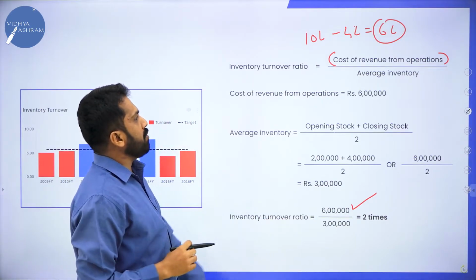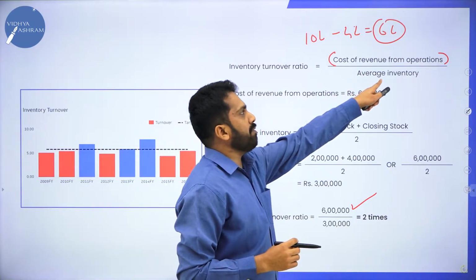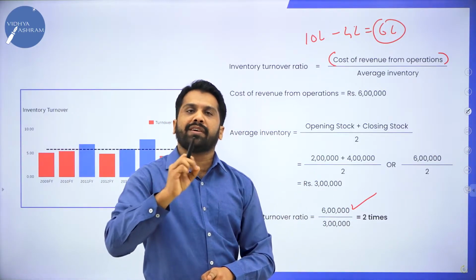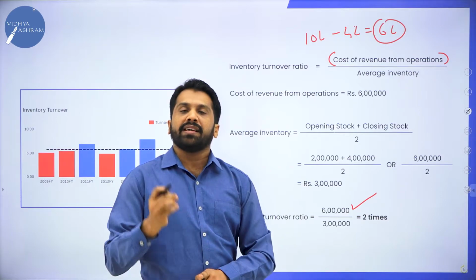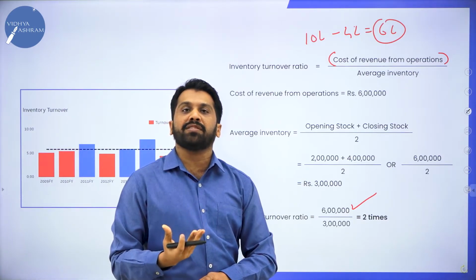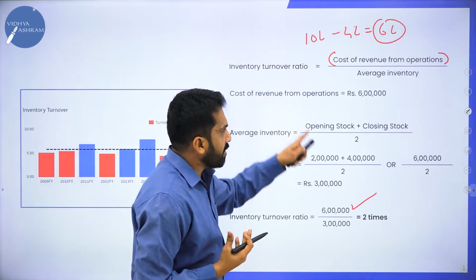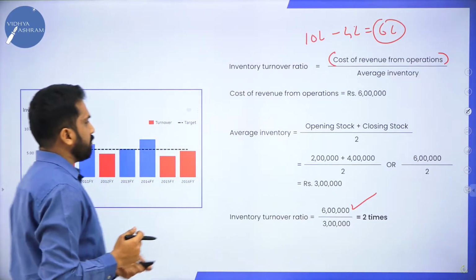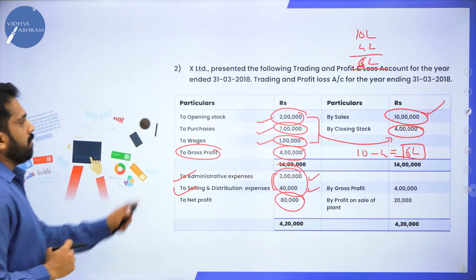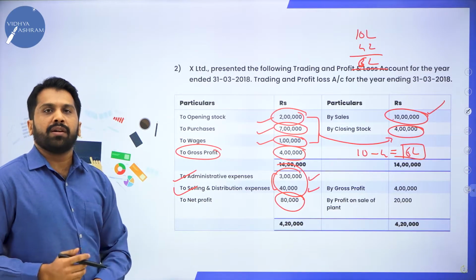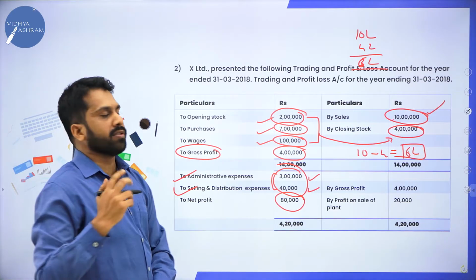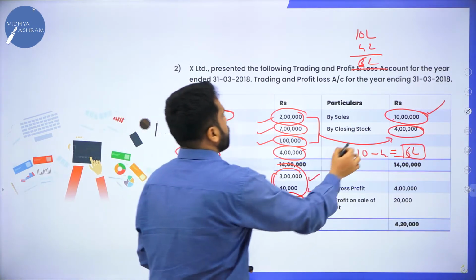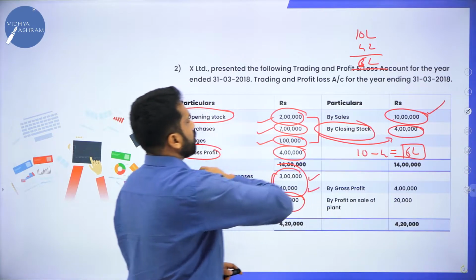Now, you have to find out the average inventory. In a few question papers, they will give you average inventory directly. If it is not given, inventory means stock. What kind of stock do you have? We'll go back to your question. You will get only two types of stocks: one is opening stock, another is closing stock.